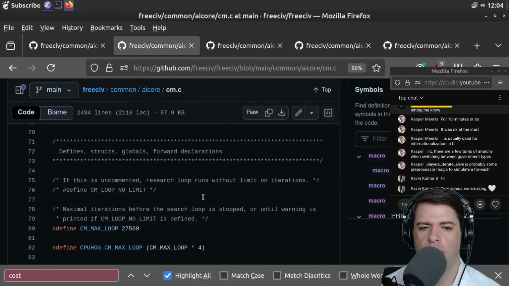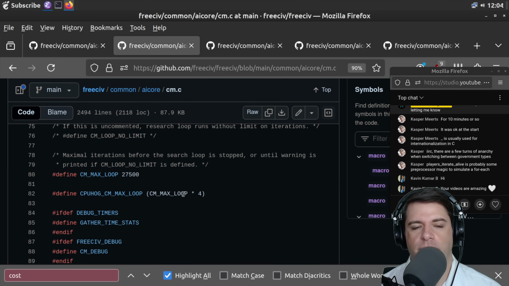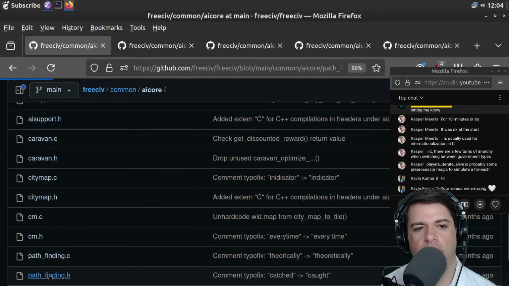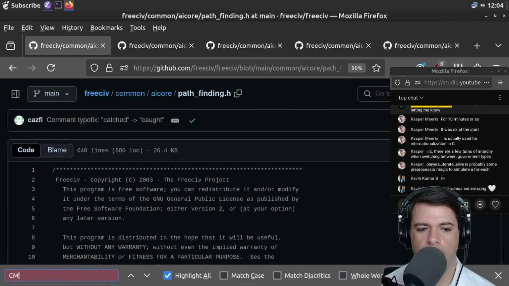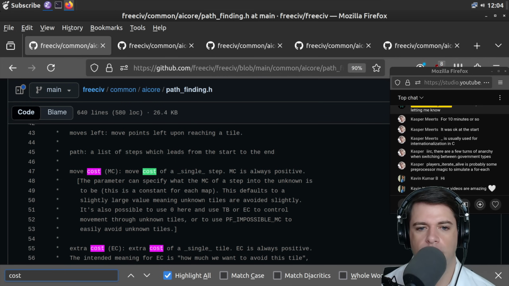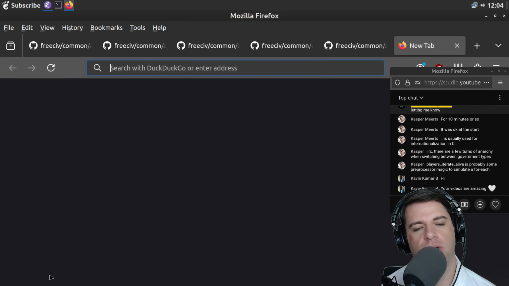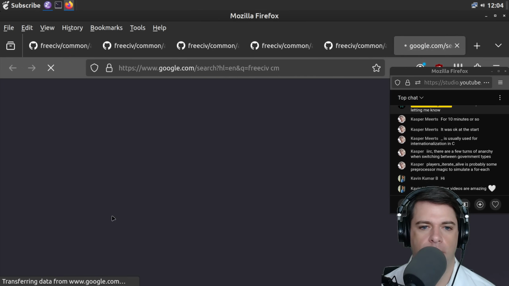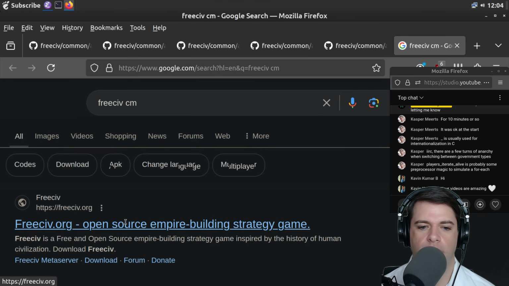All right. I still don't know what CM stands for. Maybe the CM is in pathfinding. So MC is movement cost. City something.